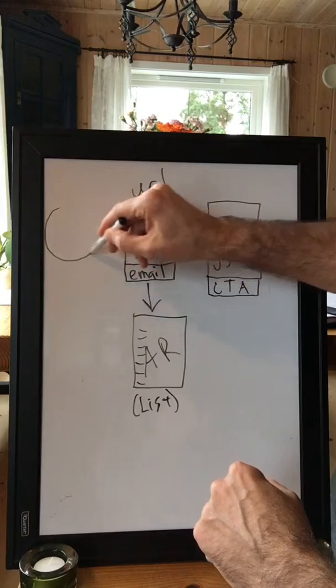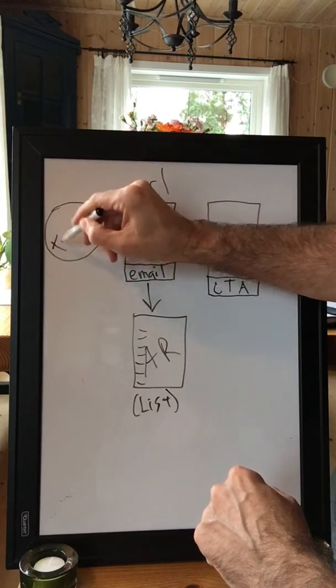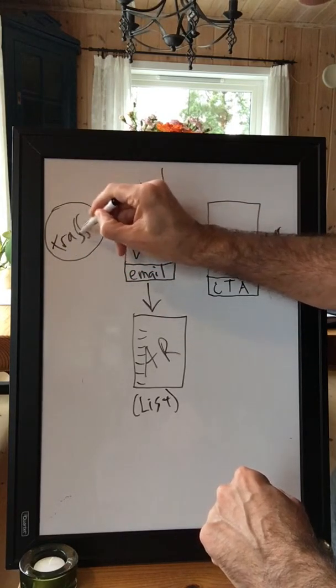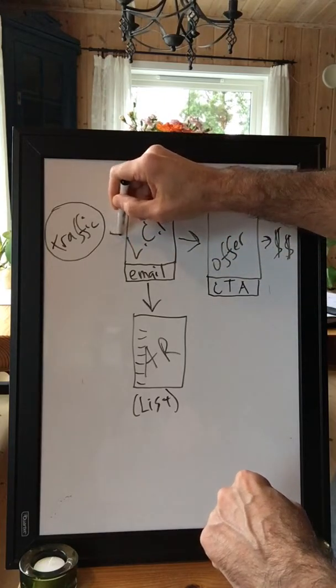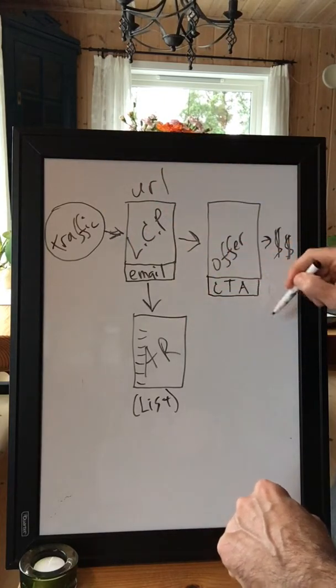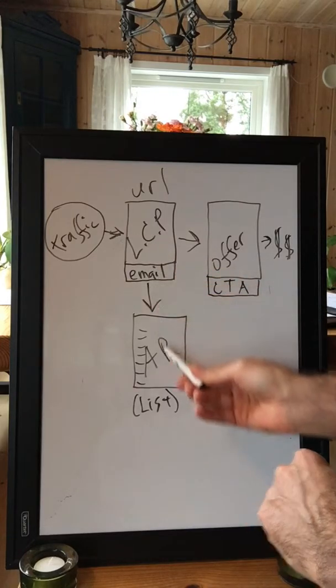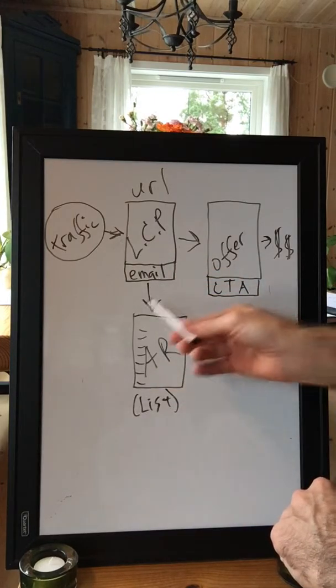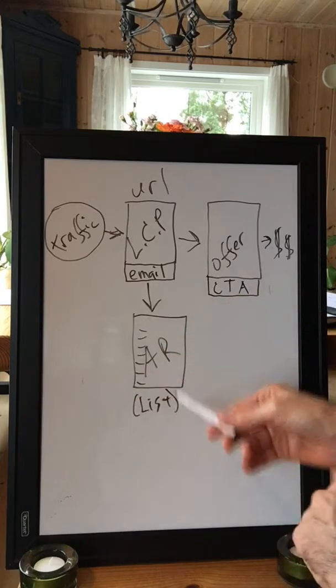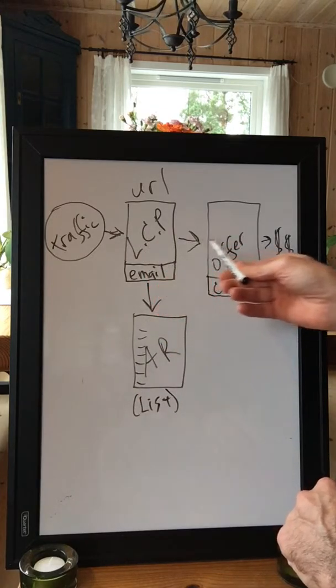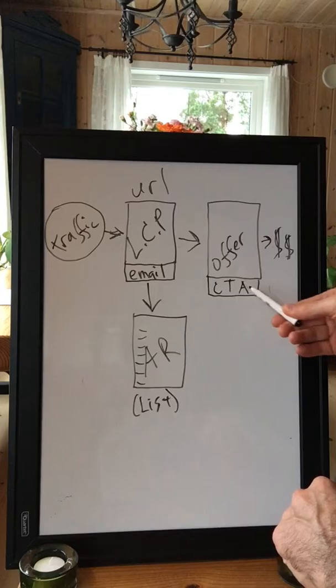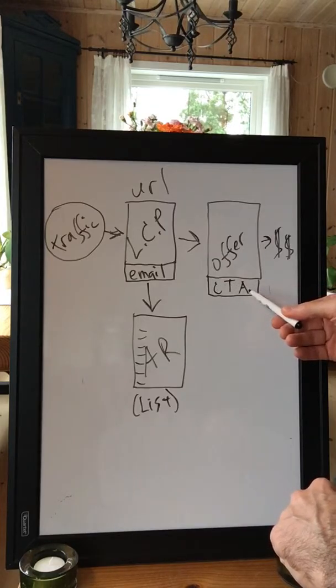Traffic is then the component that leads into these three, right? Traffic is going to come into a lead capture page, gather the email, which goes to the autoresponder and begins to build and build and build your list. And at the same time, they move to the offer and are given a call to action.